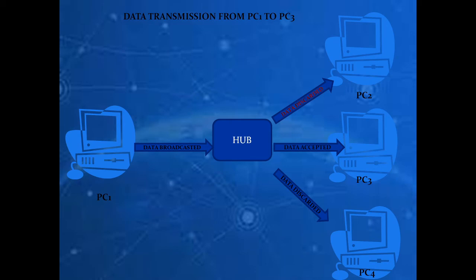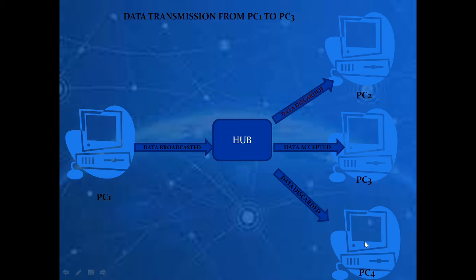Now since the hub works on the concept of broadcasting the message, instead of checking the destination address of that particular data, it will broadcast it to all the devices connected to it. Suppose PC1 is going to transmit data, then the hub will transmit it to all the other connected devices.